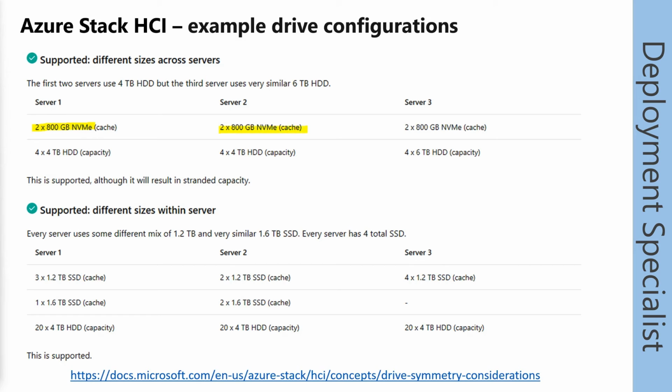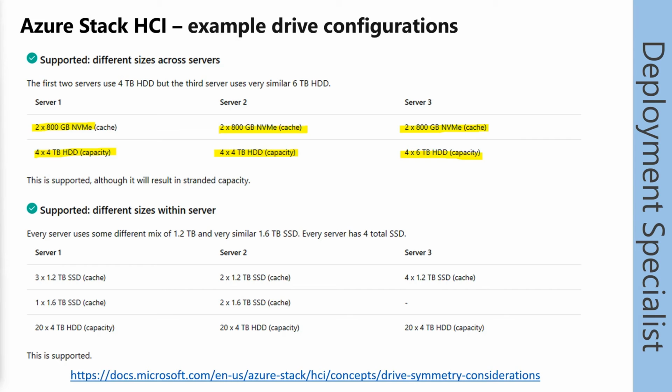Here in each server, 2 times 800 gigabytes. Now we have hard disk drives, where in the third server we have larger drives. Maybe the 4 drives in server 3 failed one time, and we had to pull them out and replace them, but our replacement disks were larger. In this configuration, we will have stranded capacity in server 3 we cannot use here.